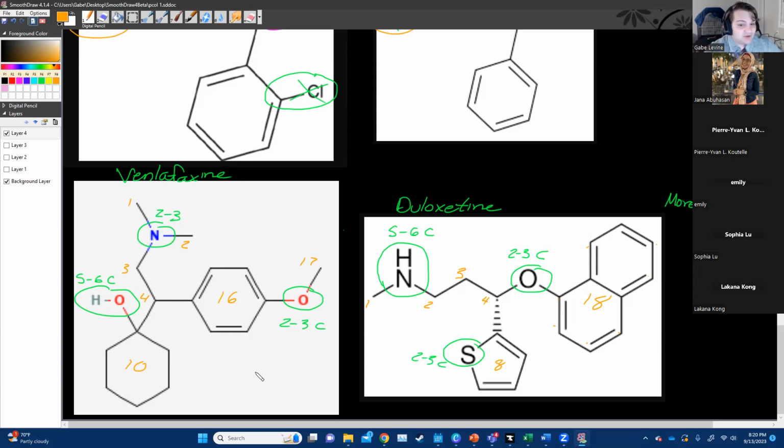Here, I really should have picked one that had more carbons, just so that we had a bigger difference to compare. That's my bad. But hopefully the idea comes across. Does that make sense? Sorry, duloxetine would be more lipophilic because it has more carbons.